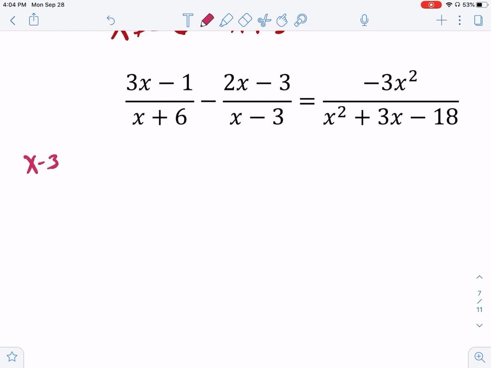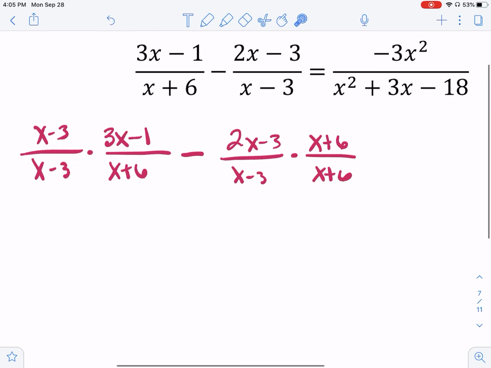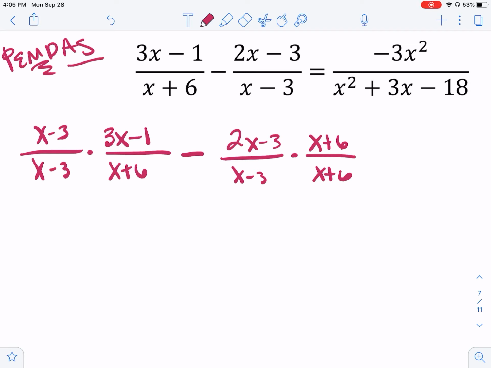So I'm going to do x minus 3 over x minus 3 times 3x minus 1, x plus 6, minus 2x minus 3 over x minus 3 times x plus 6 over x plus 6. I took this denominator and made it into a well-chosen 1 for the second fraction, and I took this denominator and made it into a well-chosen 1 for the other fraction. Now this is that really big part we talked about with adding and subtracting: we actually have to multiply here. We have to get through the multiplication in order to get to adding and subtracting.